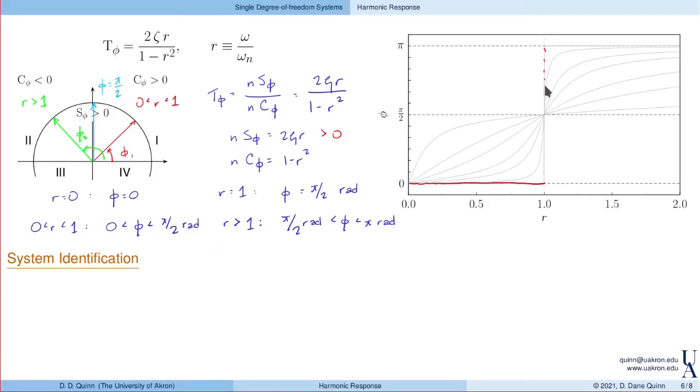We'll indicate that with a dashed line and open circles here and here. So again, if zeta is equal to 0, the phase is 0 if r is less than 1, and pi if r is greater than 1. And then exactly at this value, it jumps to pi over 2.